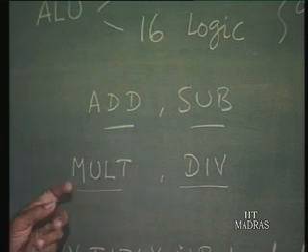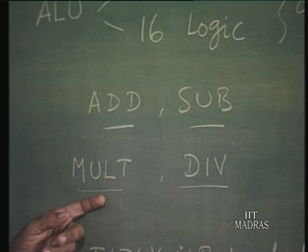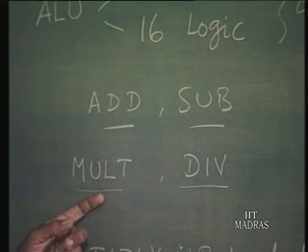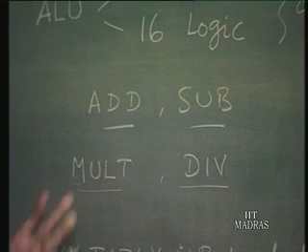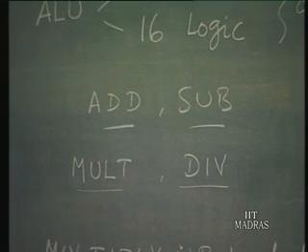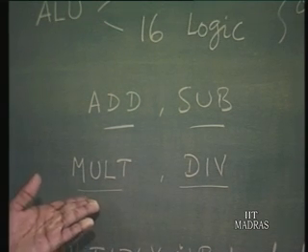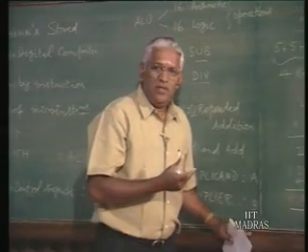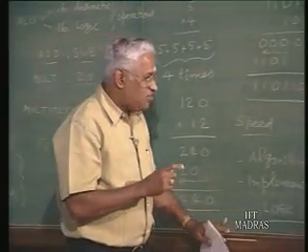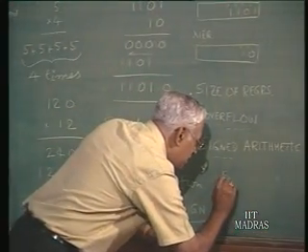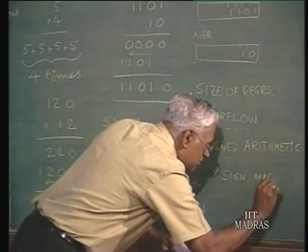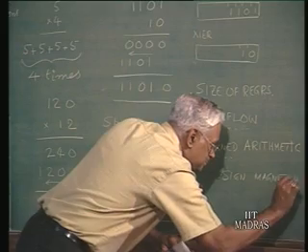Now, in the case of multiplication, suppose you multiply minus 9 and minus 5. The result will actually be positive, the product will be a positive number, which means the algorithm for the magnitude part of the number is different from the algorithm needed for the sign part, because any number consists of the sign and the magnitude.